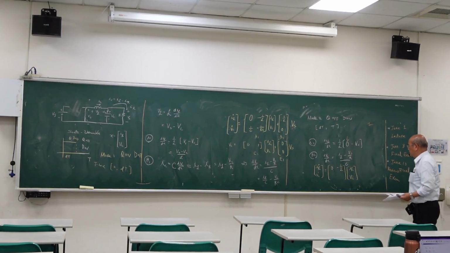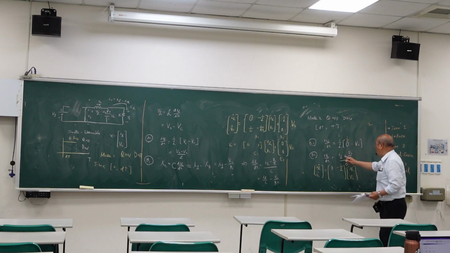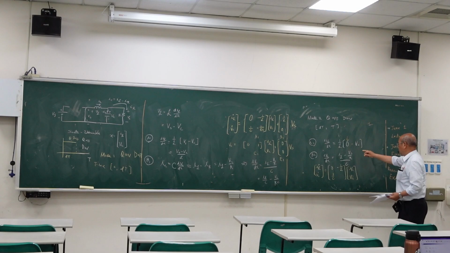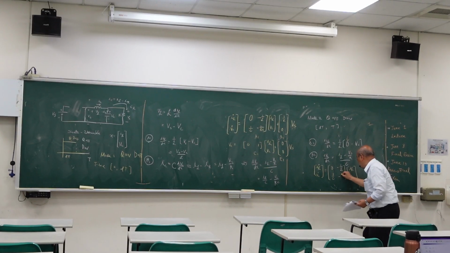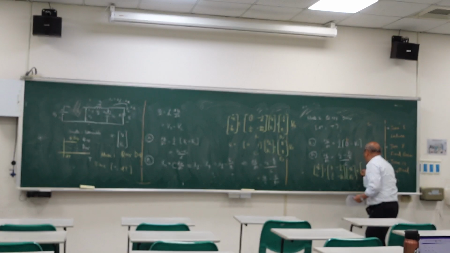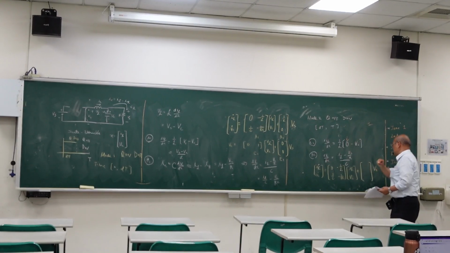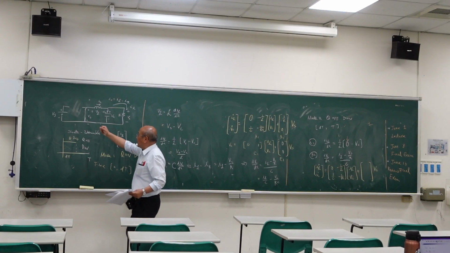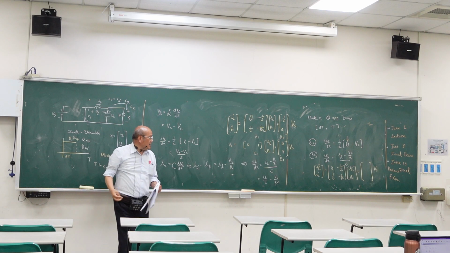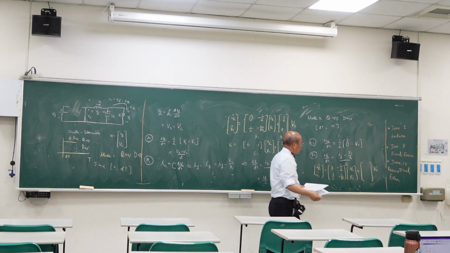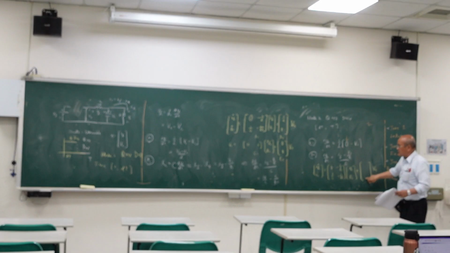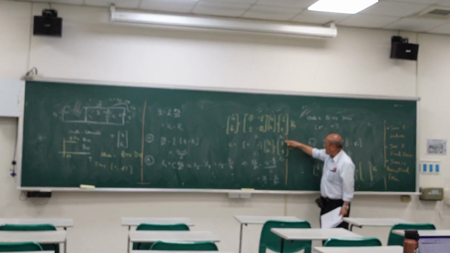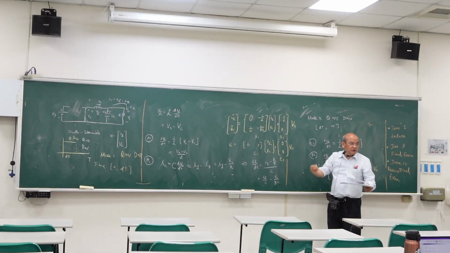How about Vc dot? Vc dot equals IL/C minus Vc/RC, plus Vs. But in mode 2, Vs is always open, so Vs has no relationship to this situation. So how can you fill in this one? Anybody has any idea? Before it was Vs/L, how about now? 0, 0.